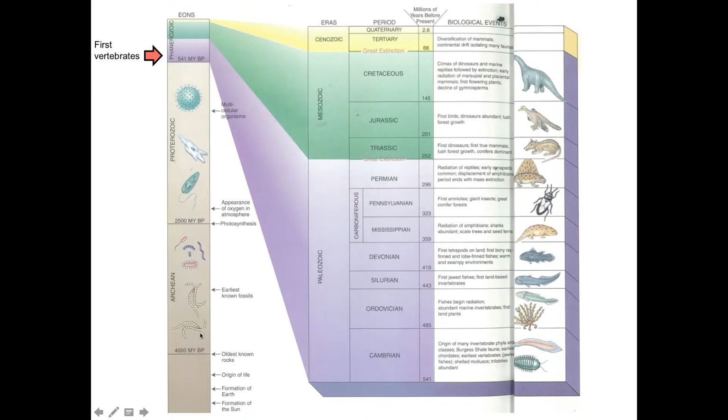These are all single-celled organisms, however. The eukaryotes, which are organisms with more complex cells, with mitochondria and organelles, a real step up from prokaryotes, evolved apparently around 1.85 billion years ago.